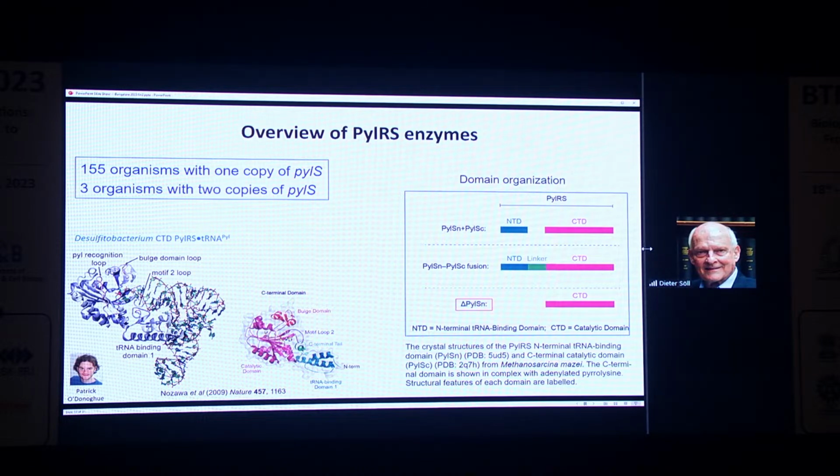So we showed that this is a different kind of complex from all other amino acid tRNA synthetases, where the enzyme is actually binding the inside of the L of the tRNA.